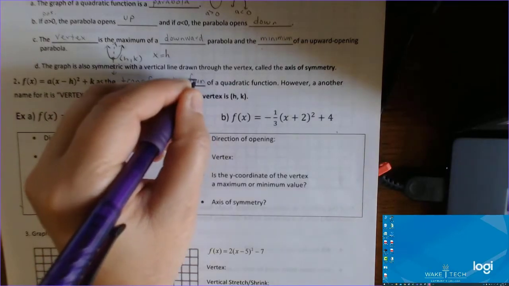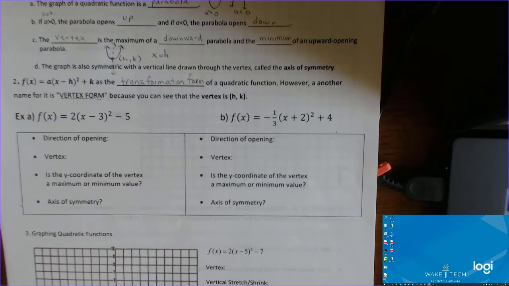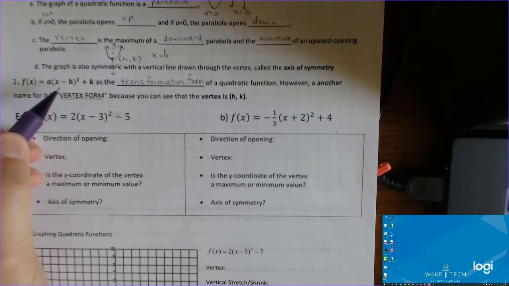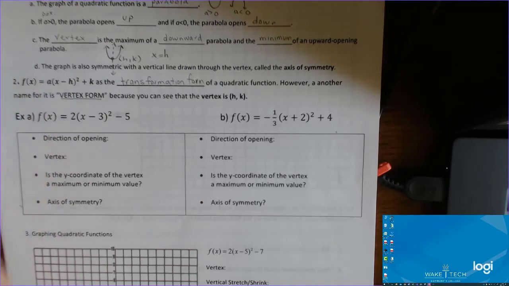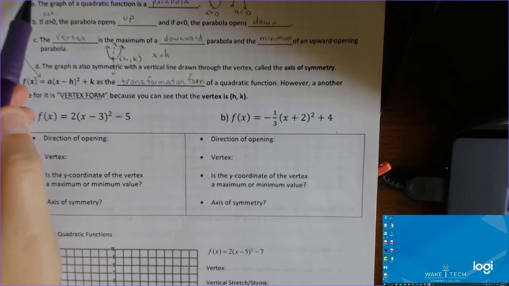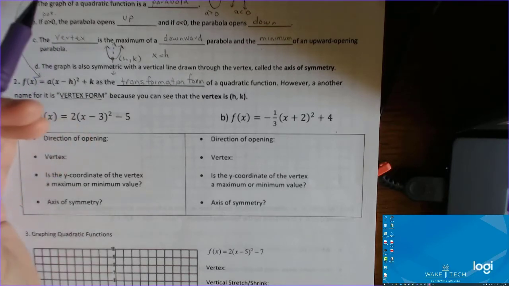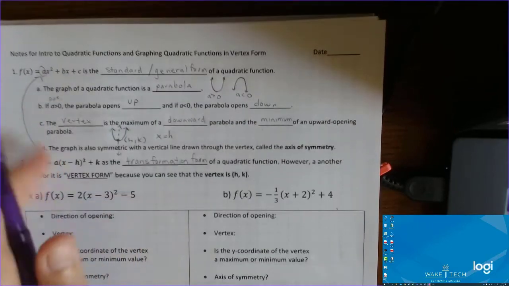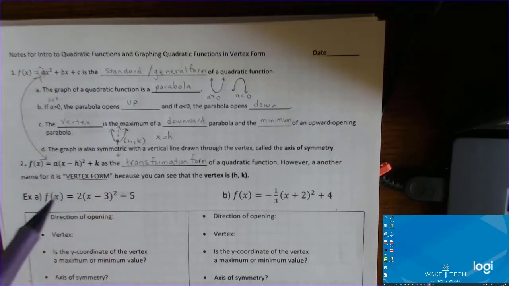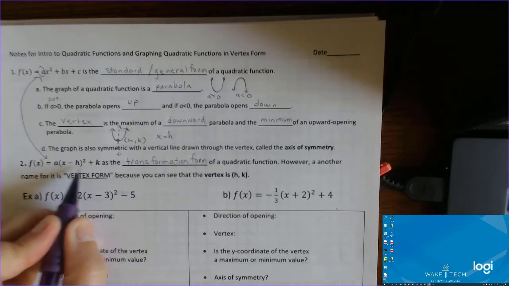Also, I typically call it vertex form, because when you have a quadratic in this form, you can manipulate equations or functions by adding, subtracting, dividing, as long as what you do on one side you do on the other, or what you do on one side you take back. So I can rearrange and mess around with the standard form and put it into what we call vertex form. And you have to memorize vertex form.